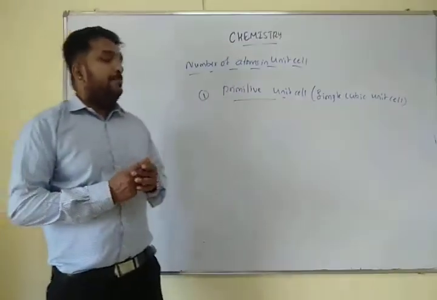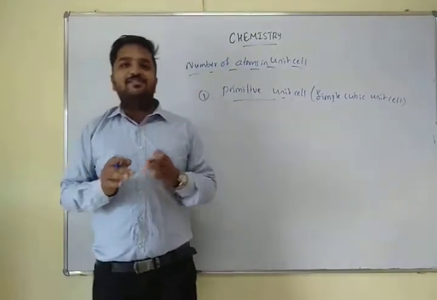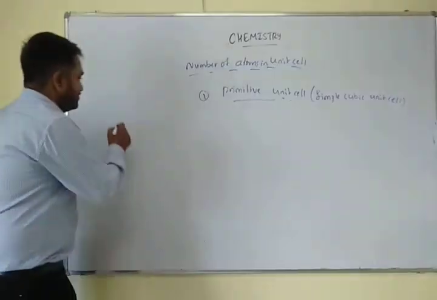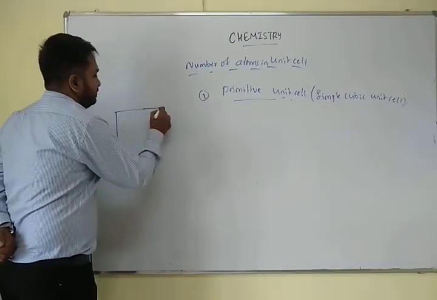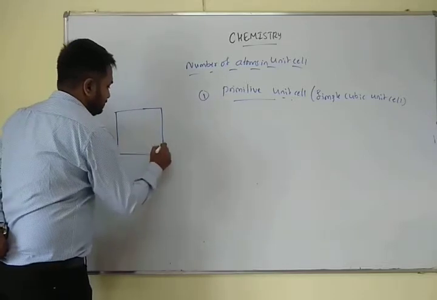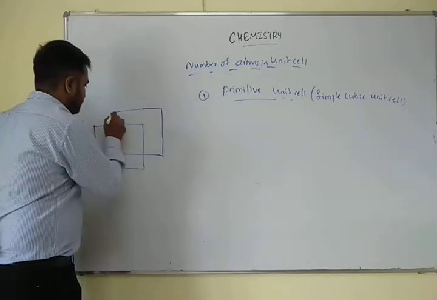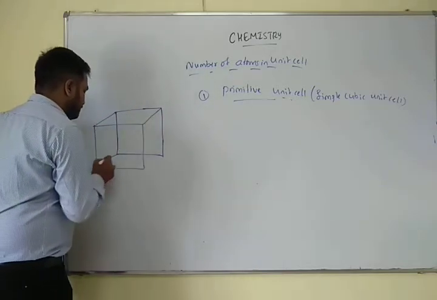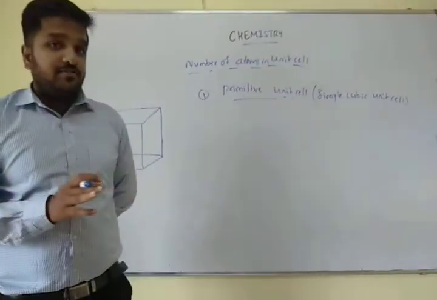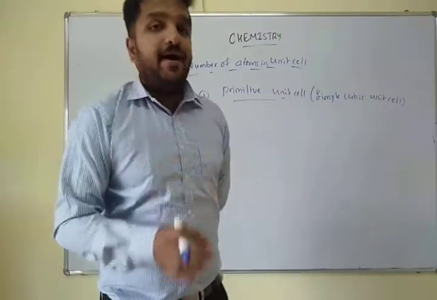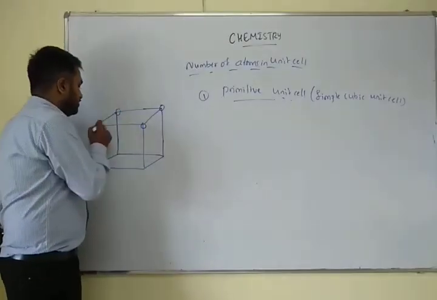The first one is primitive unit cell or the simple unit cell. It means that the particles are present only at the corners. Clear? So let me write it again. The primitive unit cell. So we have 8 corners here. So in primitive unit cell, I have clearly stated that the particles will be present only at the corners, not anywhere else in the unit cell.